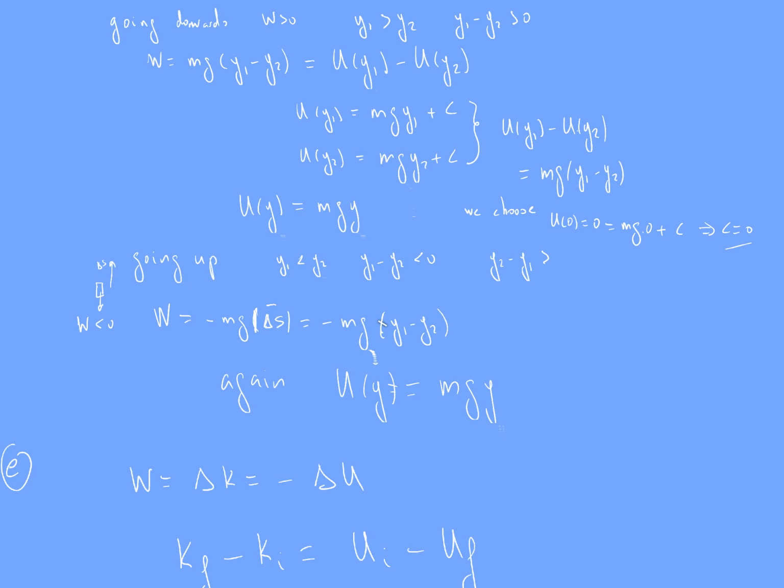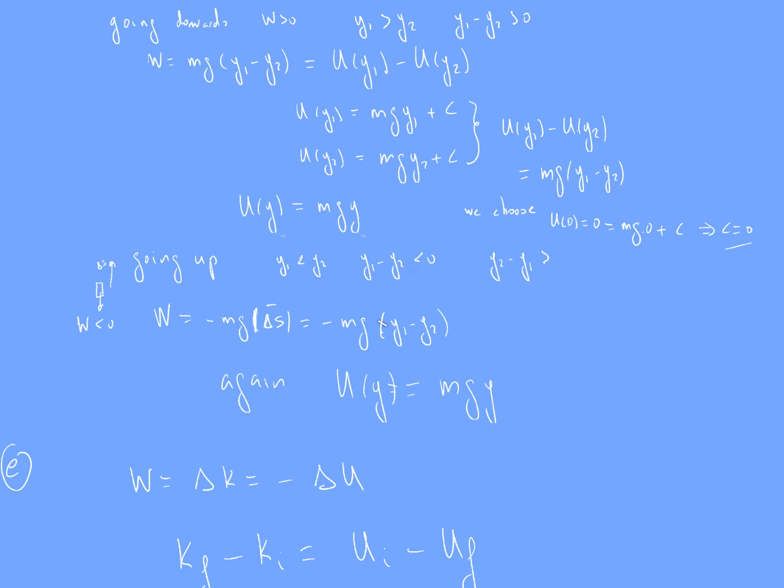We choose the C. The C is a constant that, formally speaking, we have to add, because if I make the subtraction of U of y1 minus U of y2, the C will cancel. So any U of y will be valid because the C at the end will cancel, and it will have the same expression.